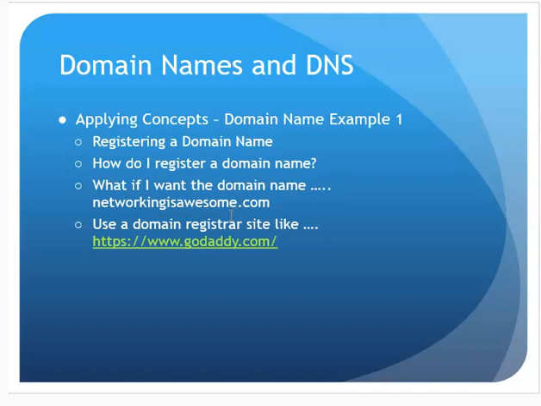Well, when I buy this domain name with this registrar, they actually start registering it and passing it through the domain tree, if you will, the DNS tree, to the authoritative servers to say, hey, Networking is Awesome maps to this IP, and within usually about 24 hours, people can search for that domain name and get to that web server. That process of buying the domain name links those two things up.